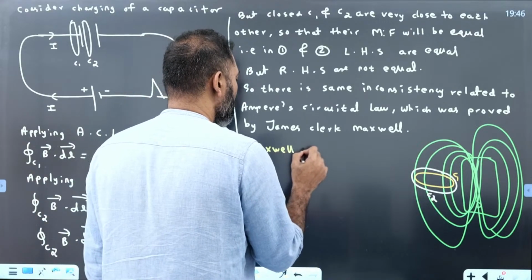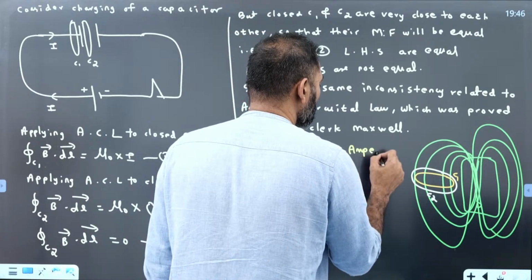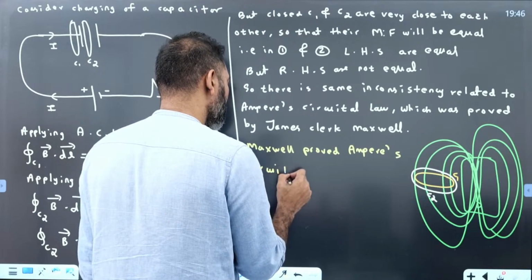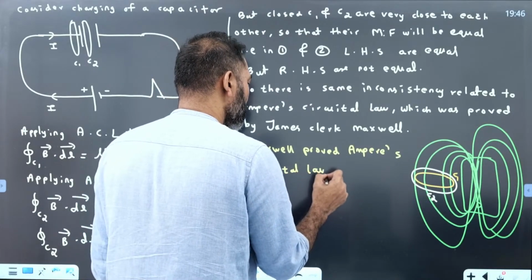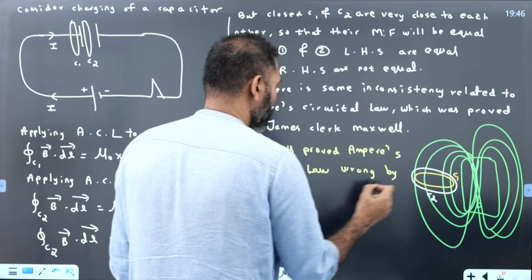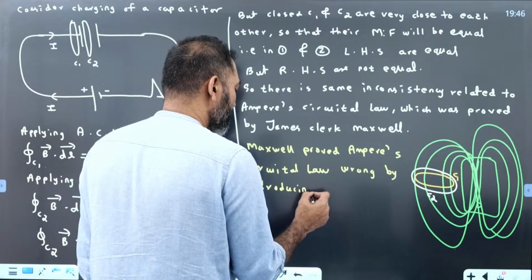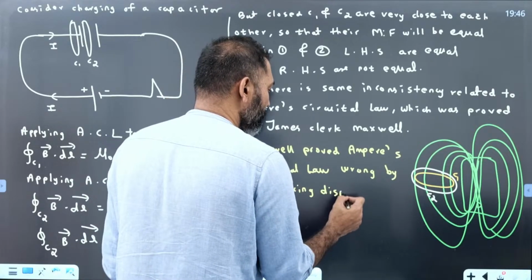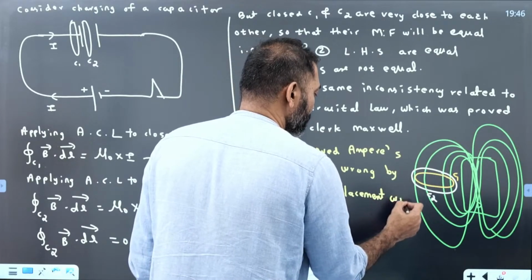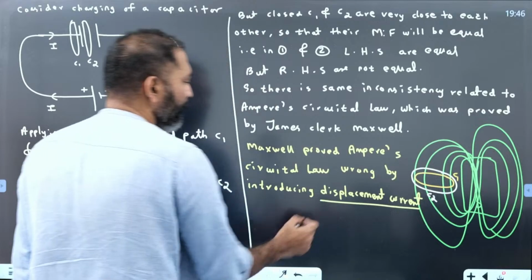Maxwell proved Ampere's circuital law wrong by introducing displacement current.